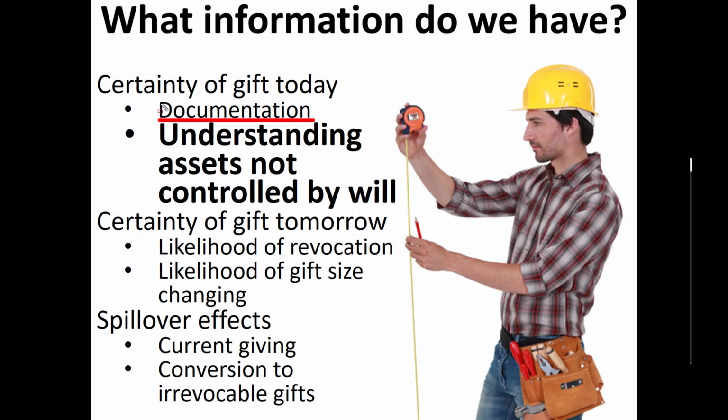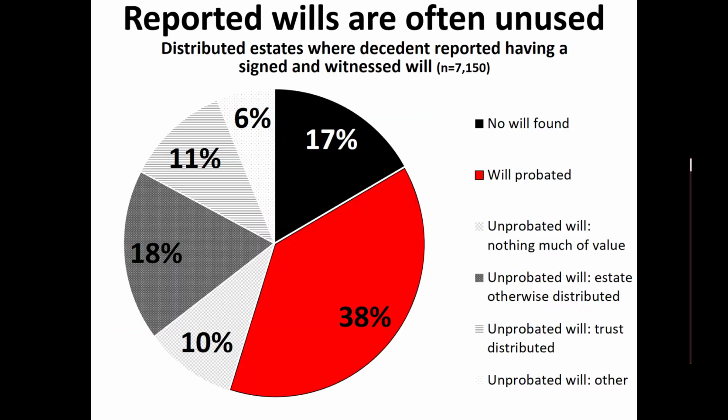All right? At least in terms of that gift today, you could say, hey, I know what assets are controlled by that beneficiary designation. Right? But these two things are connected. In order to know the certainty of the gift today.